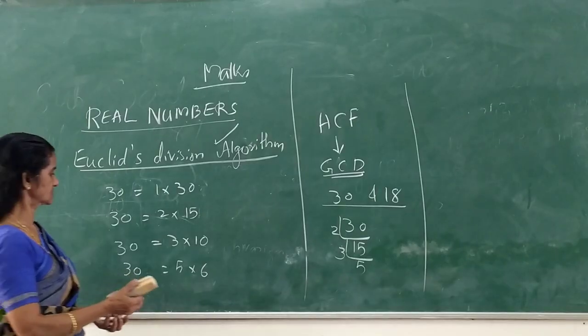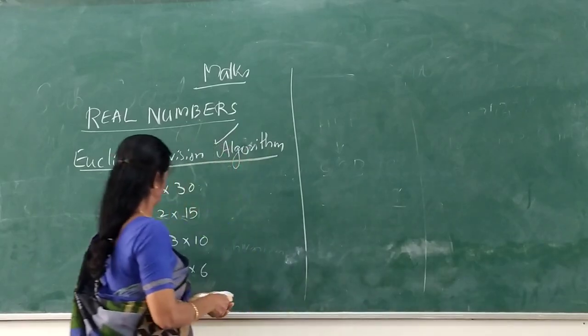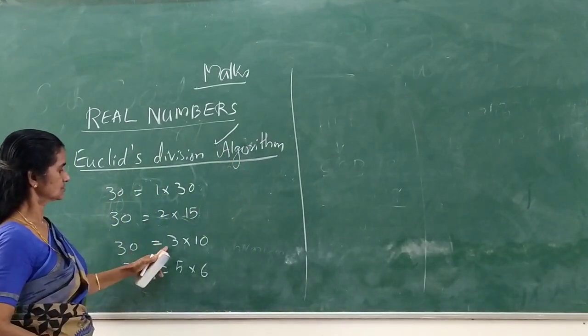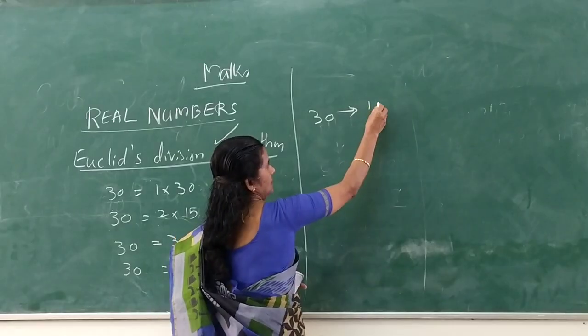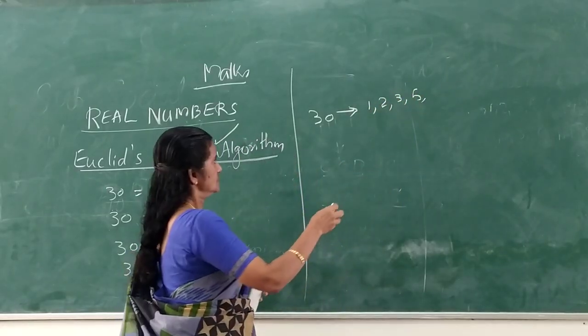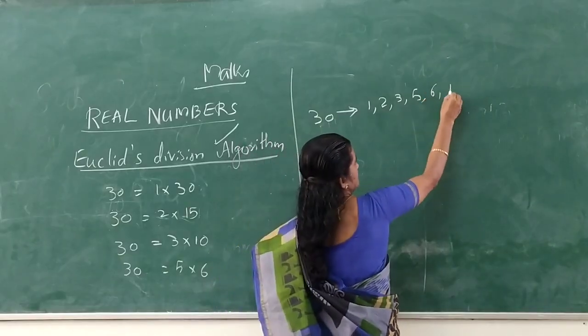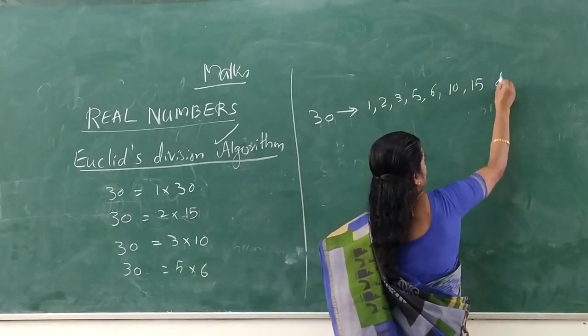Therefore, the factors of 30 are 1, 2, 3, 5, 6, 10, 15 and 30.